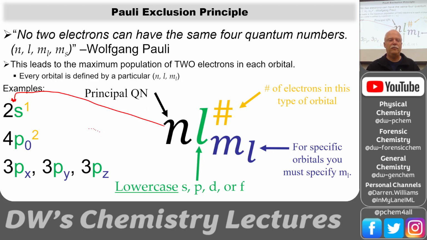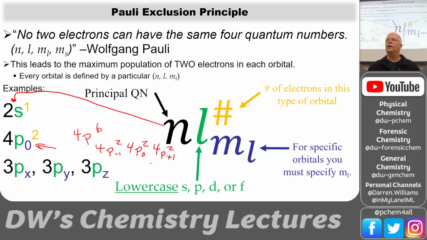We can put 2 electrons in a 4p0. This would be the number of electrons in that type of orbital. If we don't specify the m sub l, we could have up to 4p6. But that's really the 4p minus 1 with 2 in it, the 4p0 with 2 in it, and the 4p plus 1 with 2 in it.